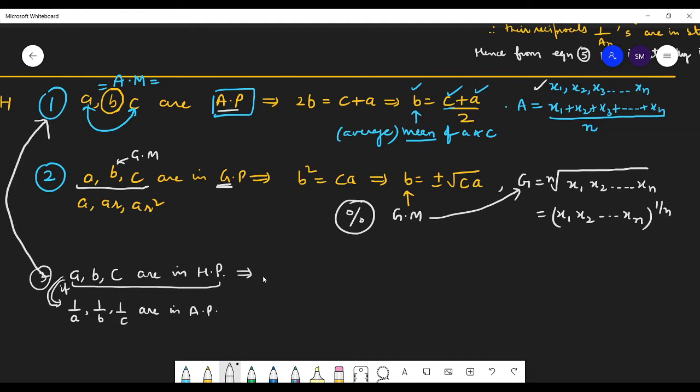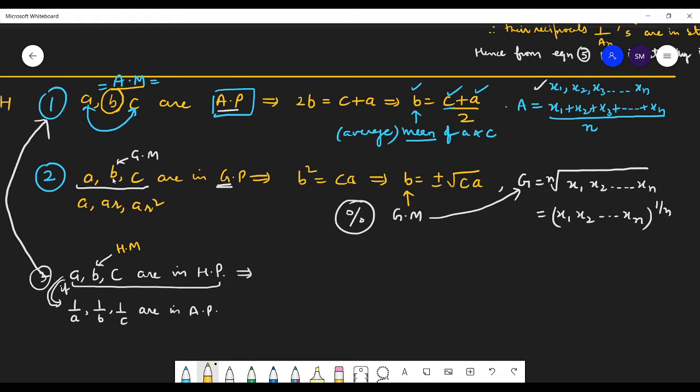Is this clear? Now, what is B? That is the harmonic mean. Here in arithmetic progression, B is arithmetic mean.